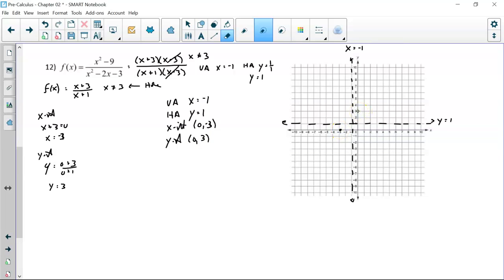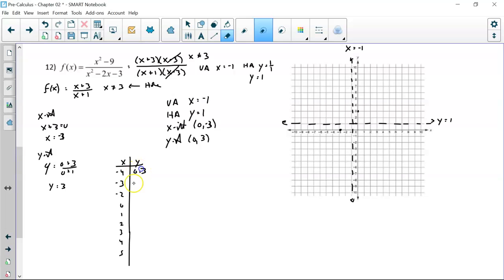So the graph, when we make a table, so when we're at -4, -3, -2, then we go to 0, 1, 2, 3, 4, and I'm actually going to go all the way to 5. Calculator's doing all the hard work for us.